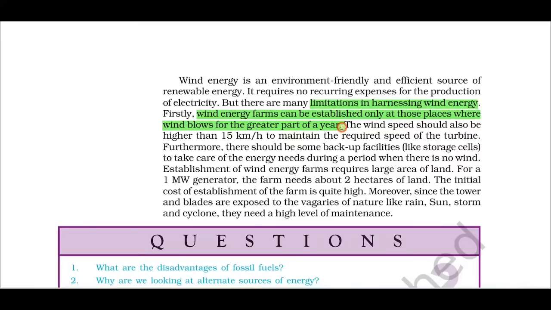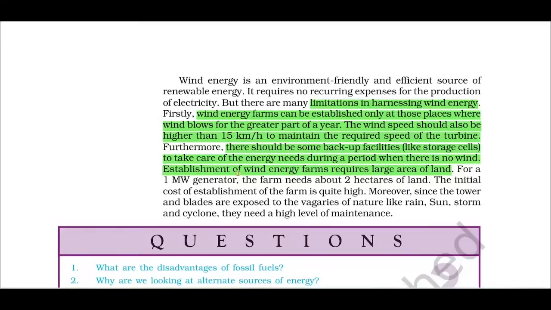The minimum speed to obtain the wind energy should be 15 kilometers per hour. There should be some backup facilities like storage cells to store the energy needed during a period when there is no wind. So establishment of wind energy requires large area of land, right? These are the limitations of harnessing wind energy.